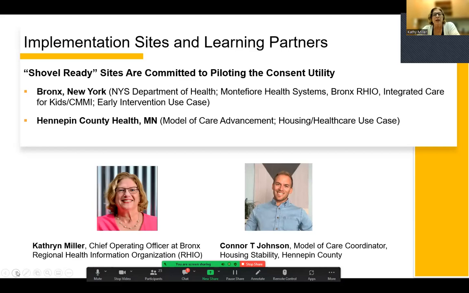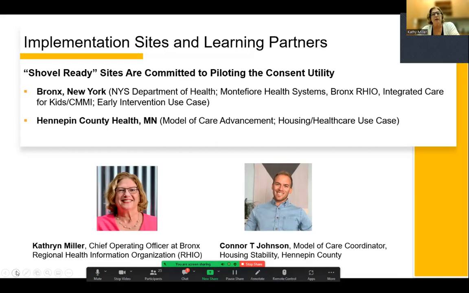And that use case is centering around the early intervention program, which is basically administered by the New York City Department of Health with oversight from the New York State Department of Health, and involves pediatricians, childcare providers, and schools who all need to know things about what's happening with that child and who often do not get the information that they need to get.